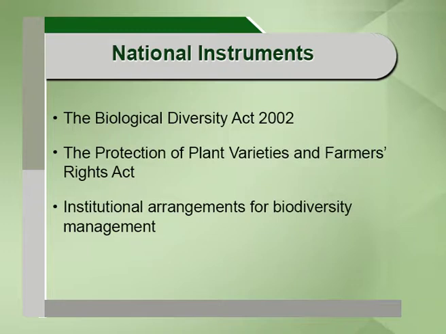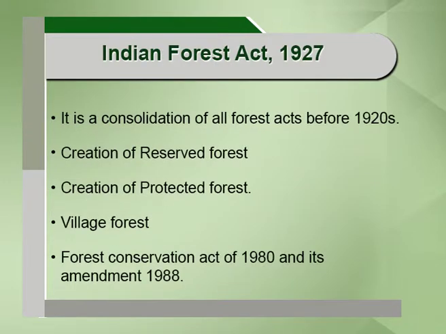First of all, we will see the first act to conserve biological diversity. The first one is the Indian Forest Act, which emerged in 1927. It is a consolidation of all forest acts before the 1920s.